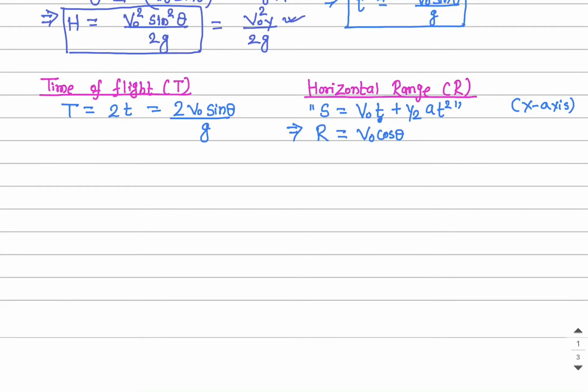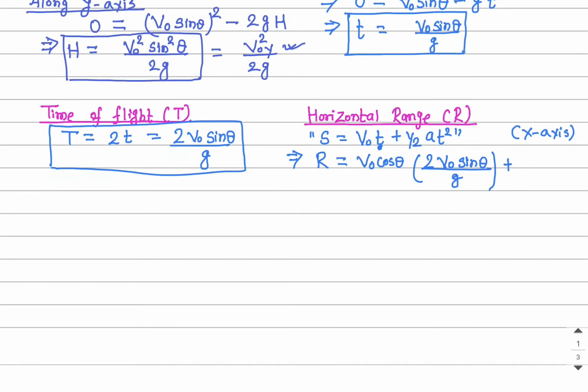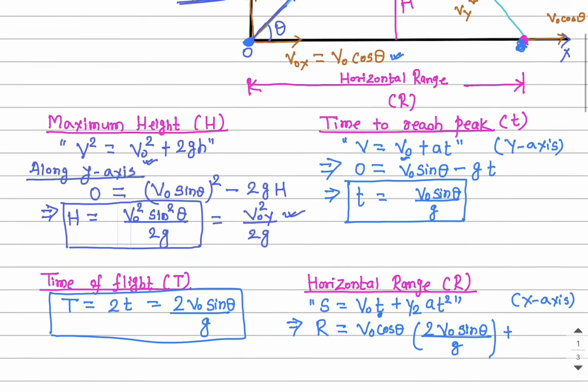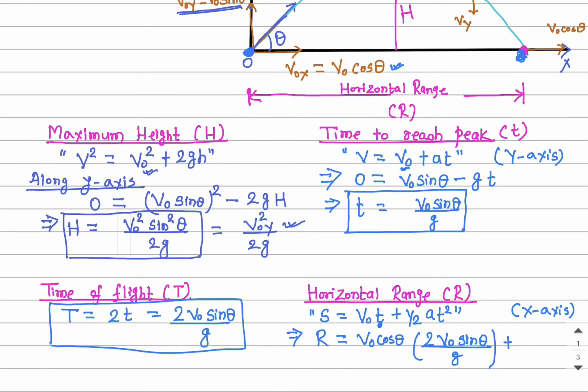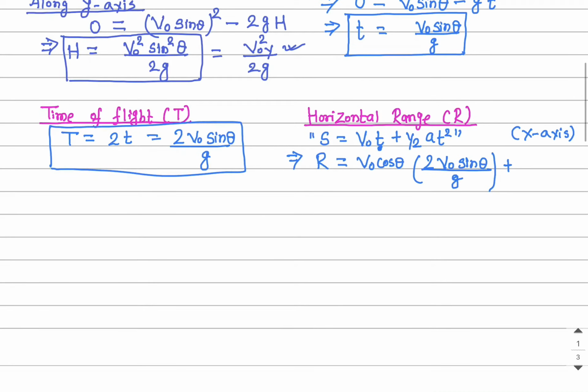So just write it down here as 2 v naught sine theta divided by g. All right, plus half a t squared. There is no acceleration along the x-axis because there is no force acting on it, so this term will be equal to 0.